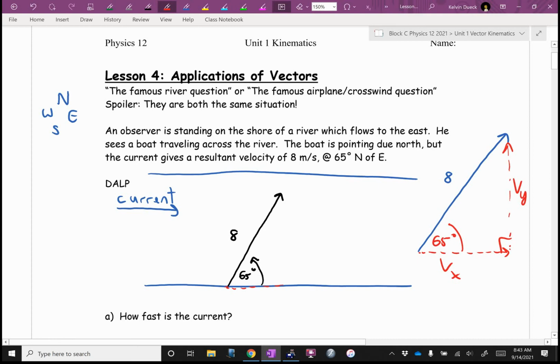Before I dive in and find the components, let's look at part A. Alicia, what's part A asking me to find? What's it really asking me to find?